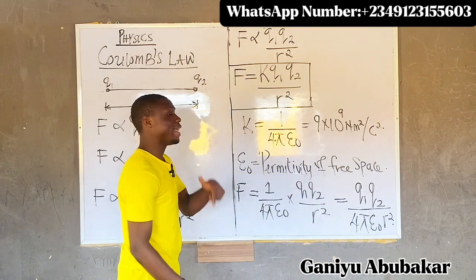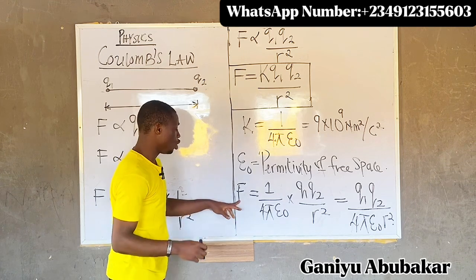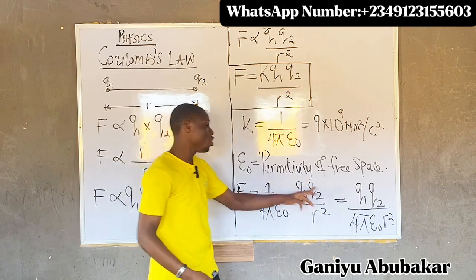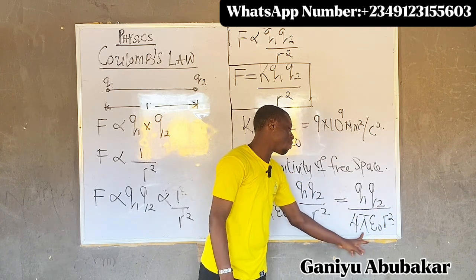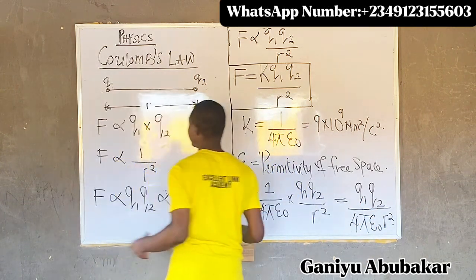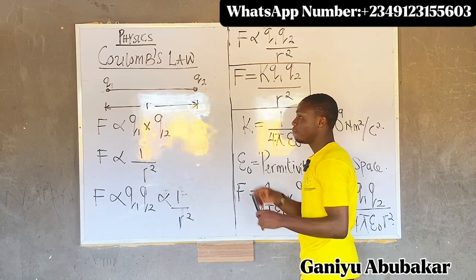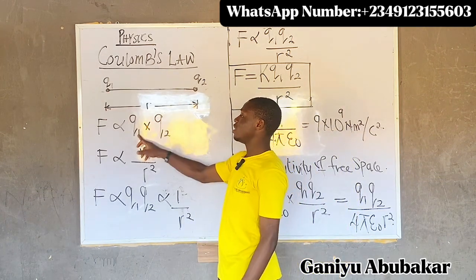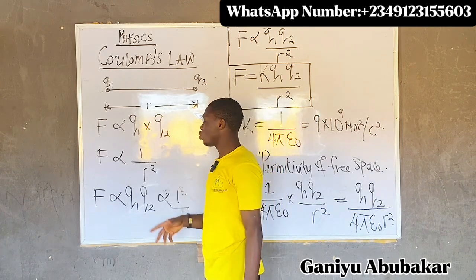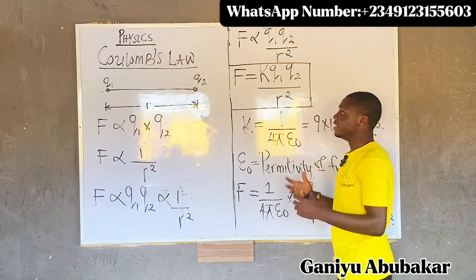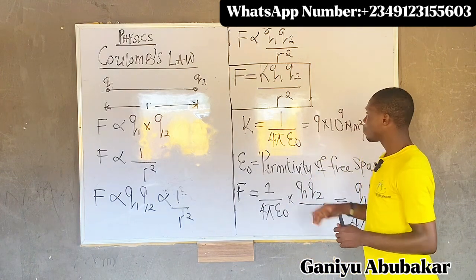So I can express force of attraction as being equal to K Q1 Q2 over R squared or Q1 Q2 all over 4 pi E naught R squared. This is the concept behind Coulomb's law. The force of attraction between two charges is proportional to the product of the charges and inversely to the square of their distance apart. So I have this basic derivation for Coulomb's law.